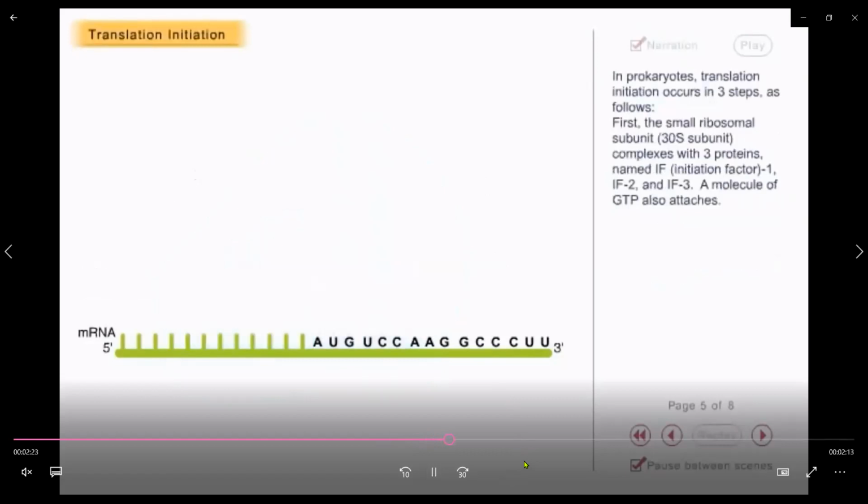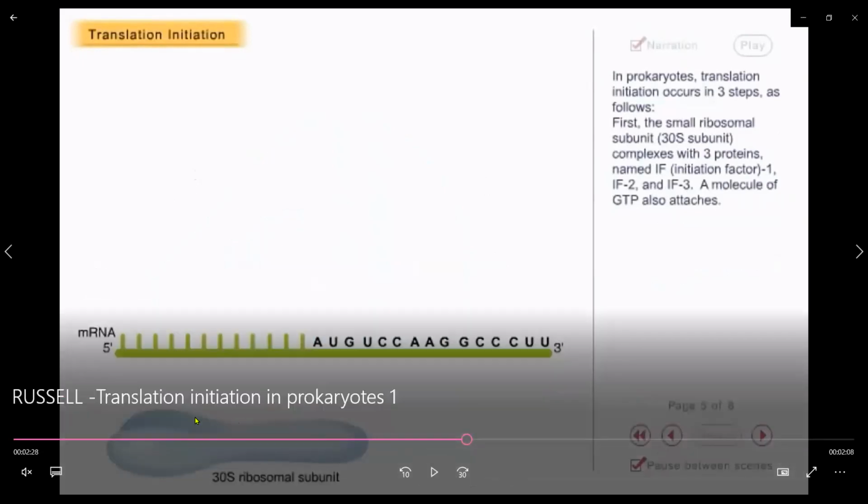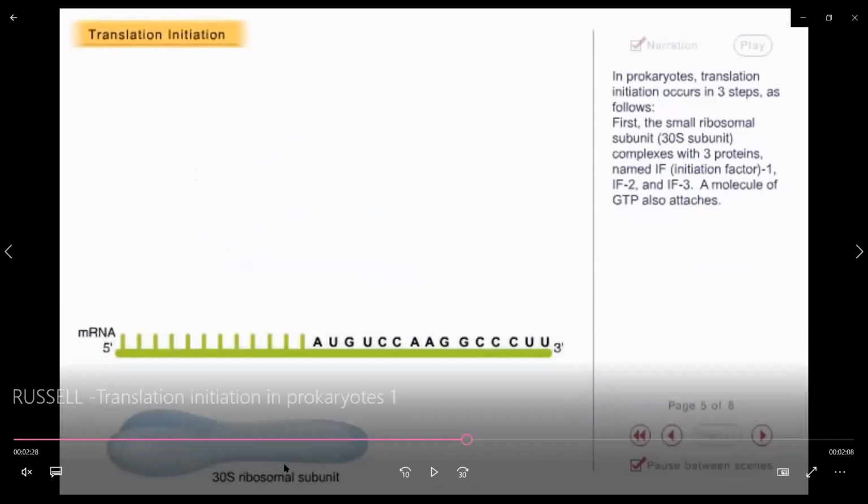In prokaryotes, translation initiation occurs in 3 basic steps. As you can see, this is the 30S ribosomal subunit, and in the next moment you will see that the 30S ribosomal subunit binds with the initiation factors: initiation factor 1, initiation factor 2, and initiation factor 3.